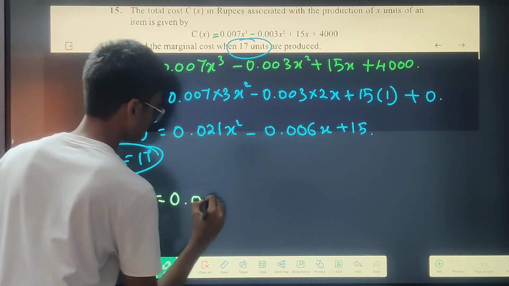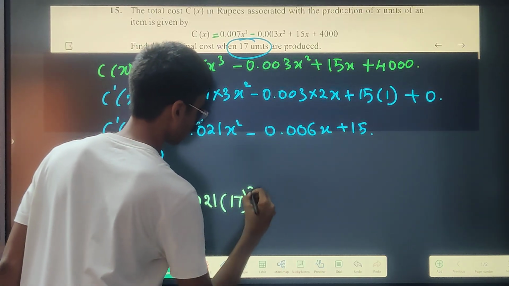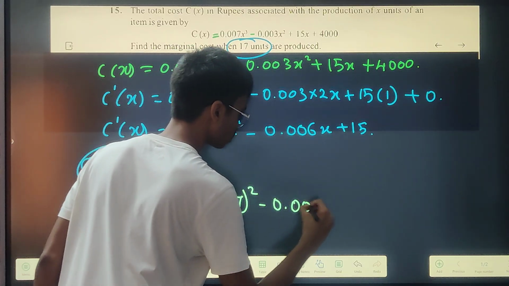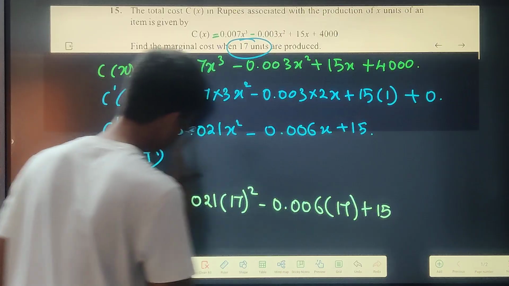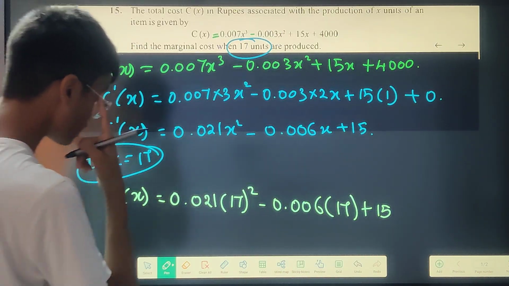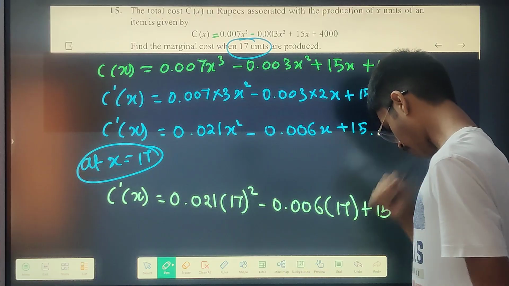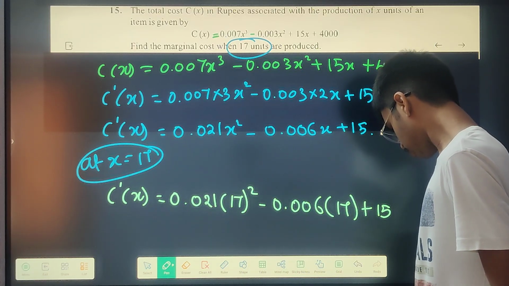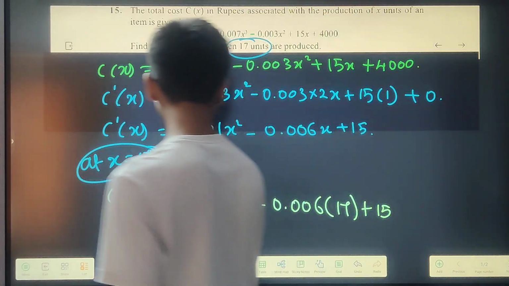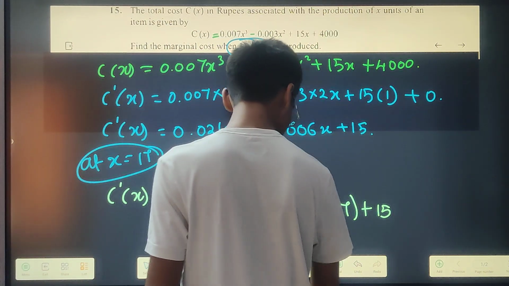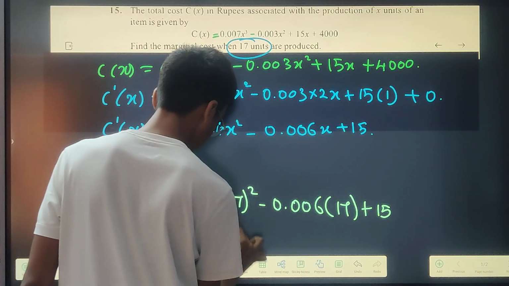So 0.021 x square. What is x square? That is 17 square. Minus 0.006 into 17 plus 15. When you simplify this, I'll directly write the answer: that is 20.967.